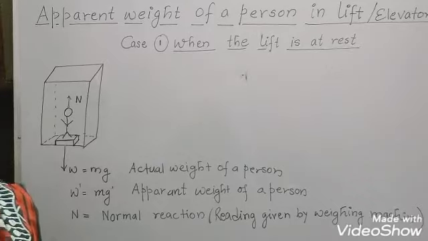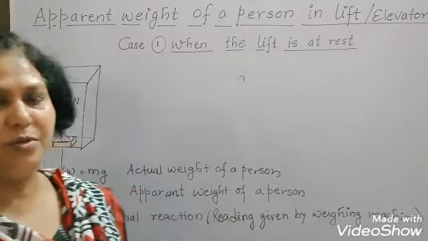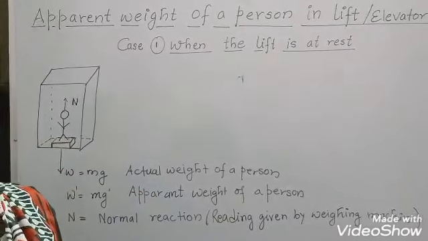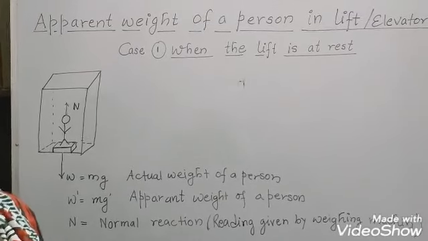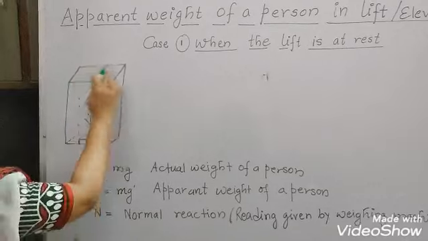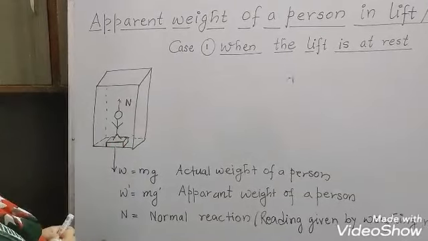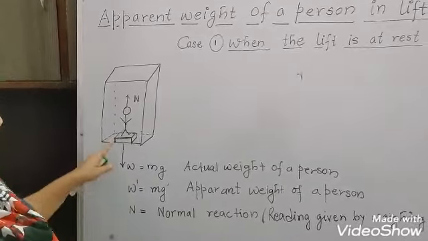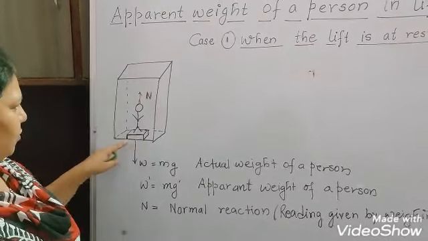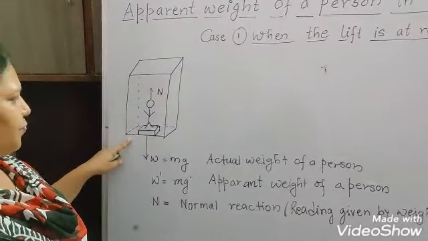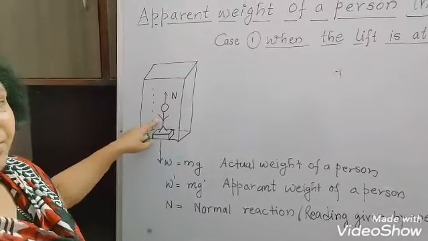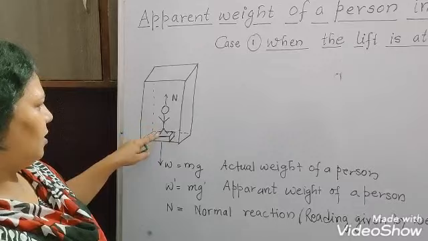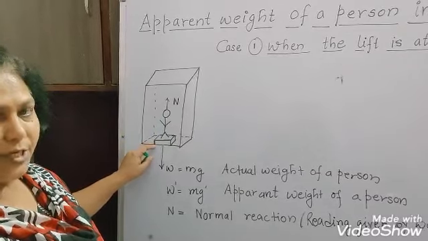Now we'll see the apparent weight of a person in a lift or elevator. You will see here, this is a lift in which a weighing machine is kept on the floor of the lift, and a person of mass M is standing on the weighing machine.